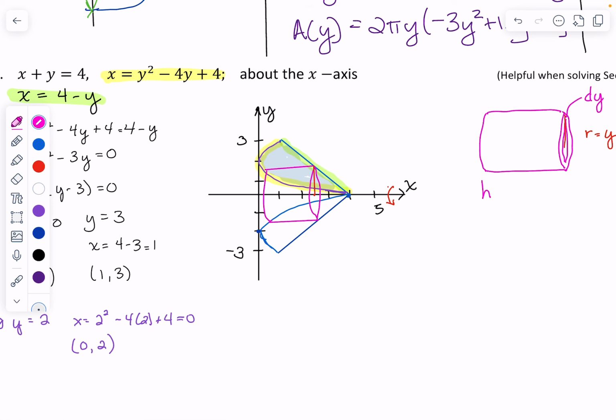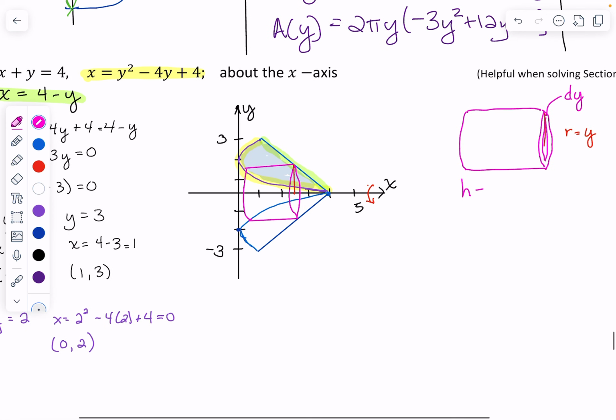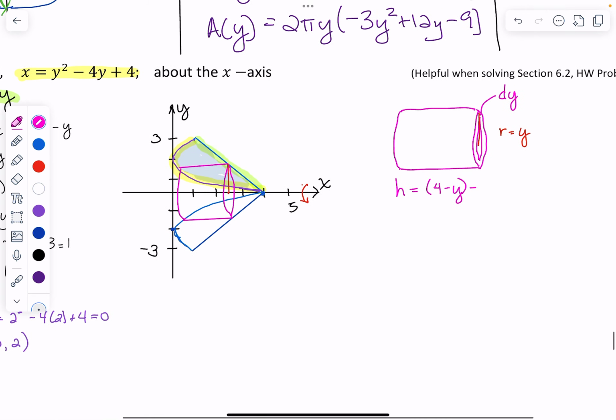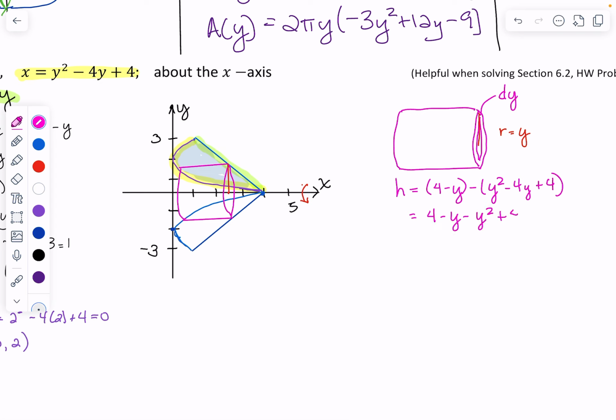All right. So we're going to take the green minus the yellow. So I have a height that's equal to 4 minus y squared, in parentheses, minus that whole expression of y squared minus 4y plus 4. If I clean that up a little bit, because right now it's pretty long, my 4's are actually going to cancel out, because if I take the parentheses out, I get 4 minus y squared, distributing, plus the 4y minus a 4.